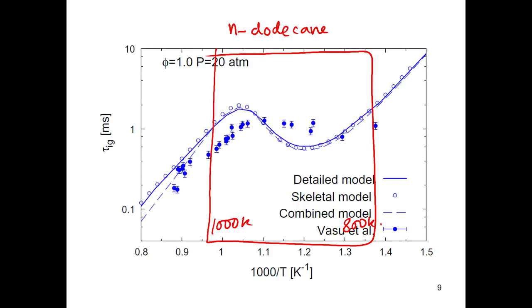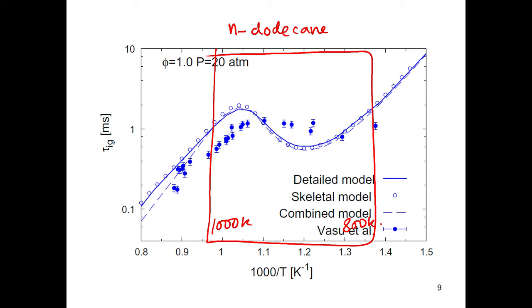So, from that point of view, it is important to understand why this negative temperature coefficient happens and why this cool flame phenomenon happens, because this regime corresponds to a very interesting regime from an aero propulsion combustor point of view. And of course, as you know, Dodecane is a surrogate of kerosene, of Jet A, and hence we need to understand what causes this.